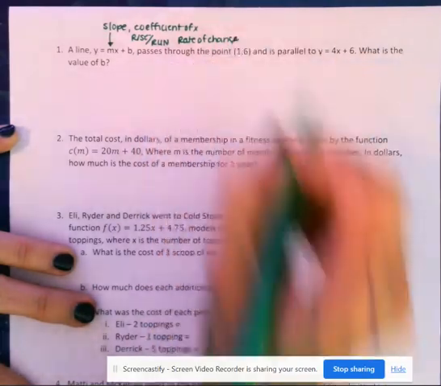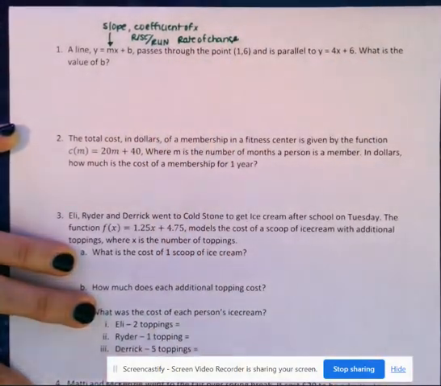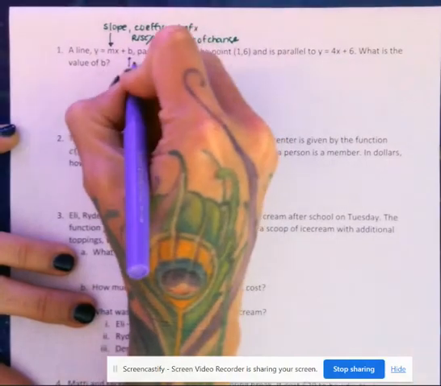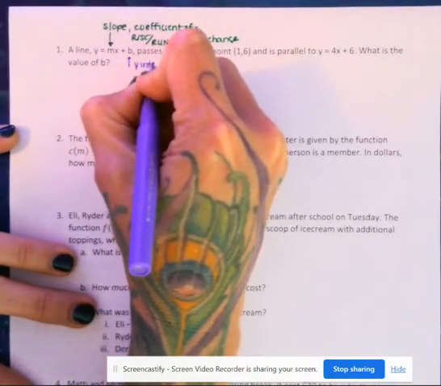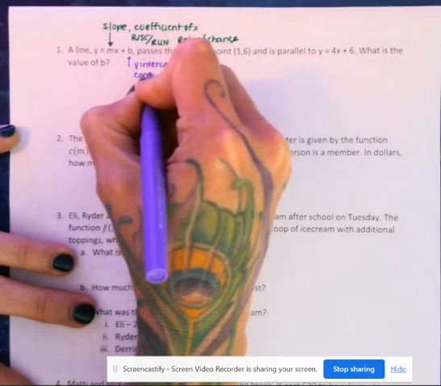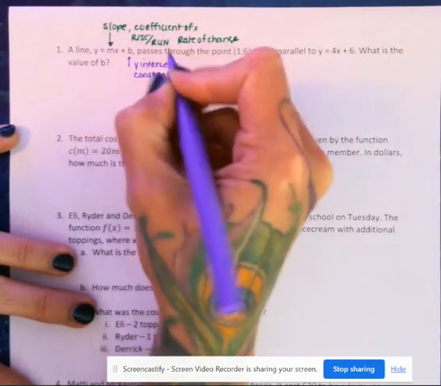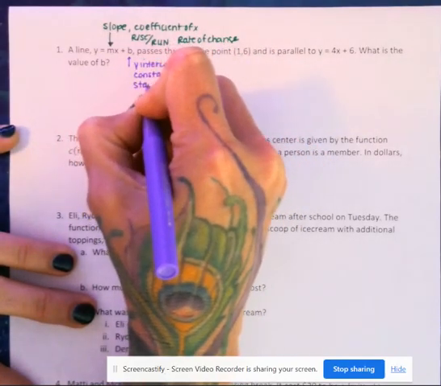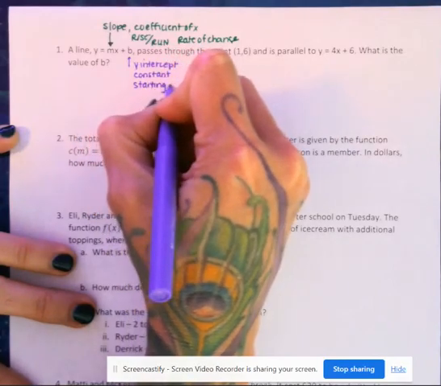We also have to have our b value, which is our y-intercept. It's also known as a constant because there's no variable attached, and it's also known as a starting point in many word problems.